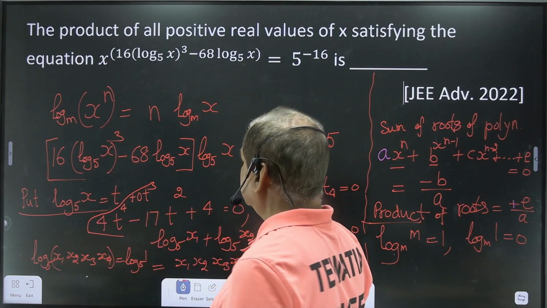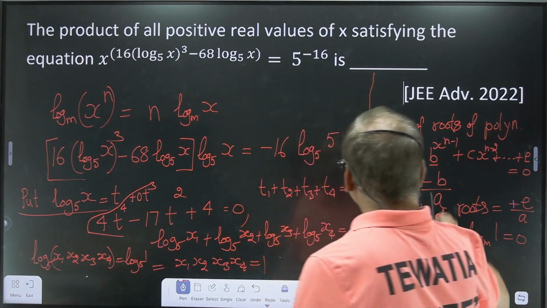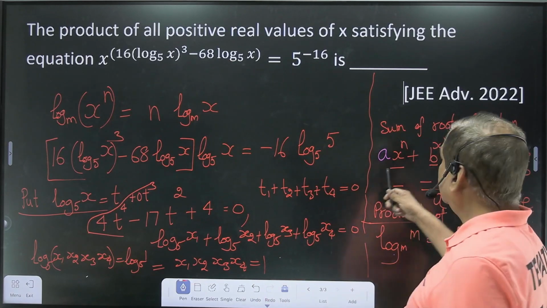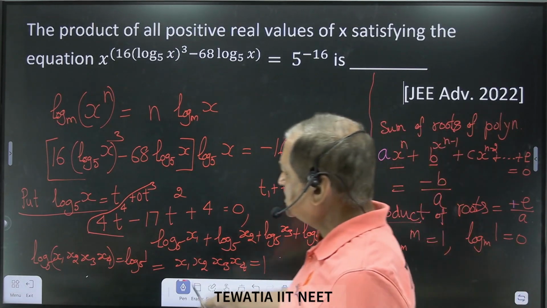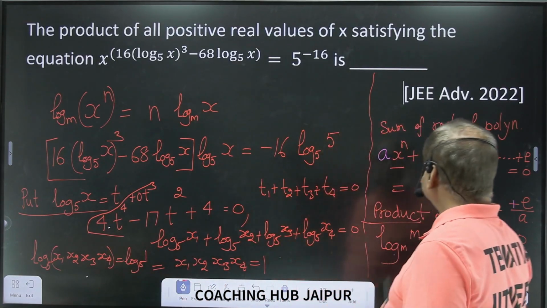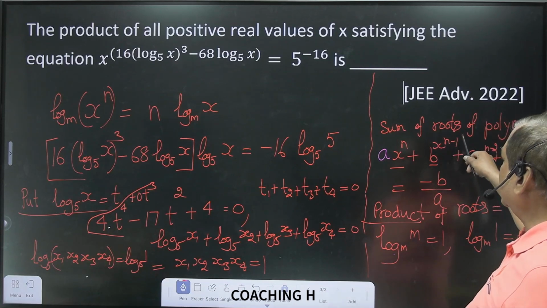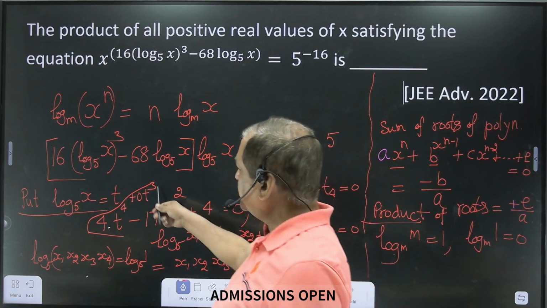What is the coefficient a of this polynomial, the coefficient of the highest power? That is 4. What is b, the coefficient of x raised to power n minus 1? That means the coefficient of t cube.